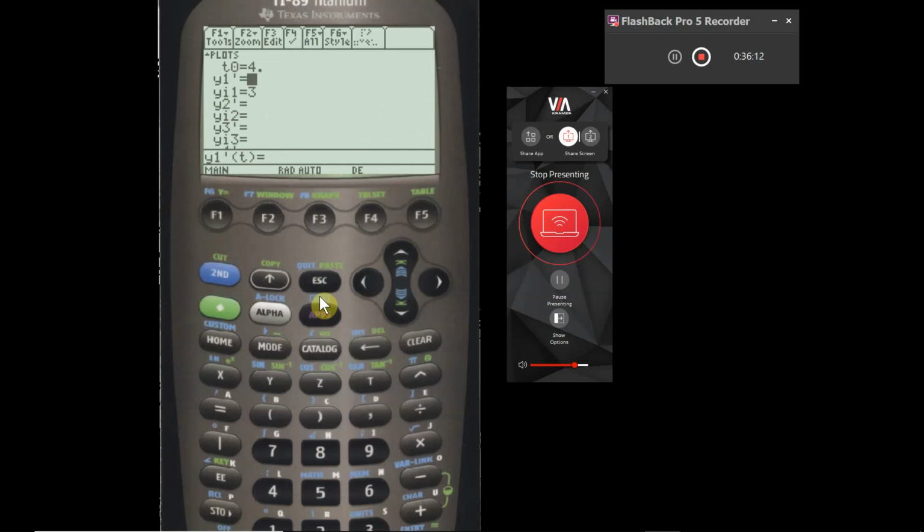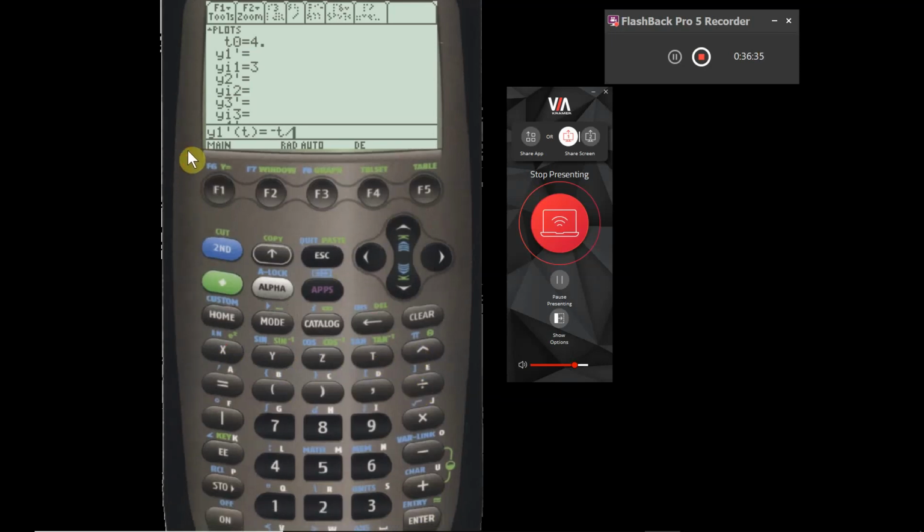Okay, so I want to type in that negative x over y. On the 89, we have to type t's. On the Inspire, you're going to type x's. So we're going to type negative t divided by, now on both calculators, it tells you what function you are inputting.